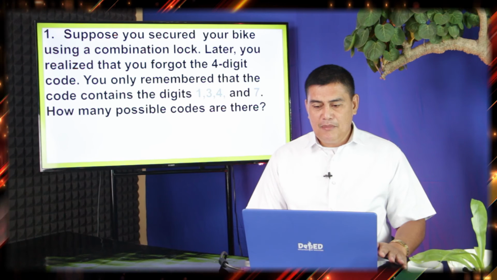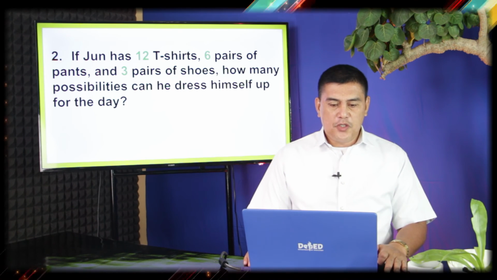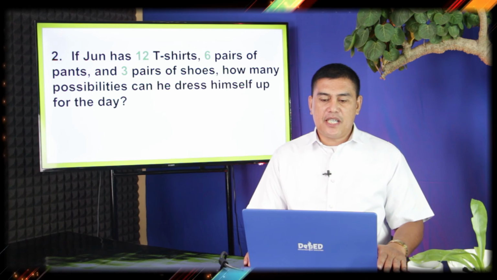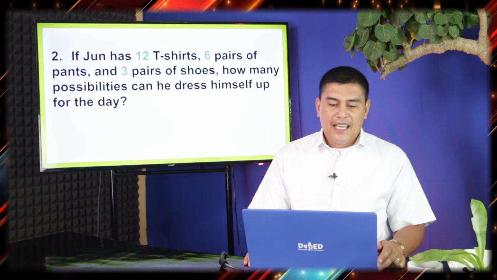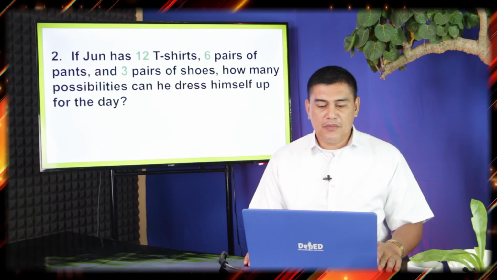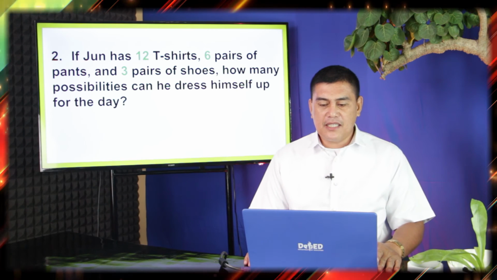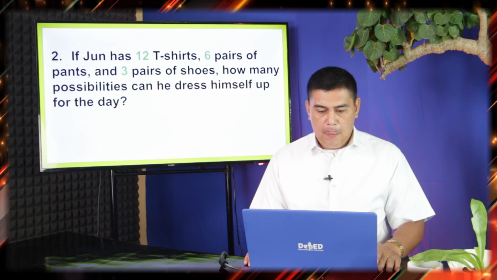Okay. So number 2 problem. If June has 12 t-shirts, 6 pairs of pants, and 3 pairs of shoes, how many possibilities can he dress himself up for the day?